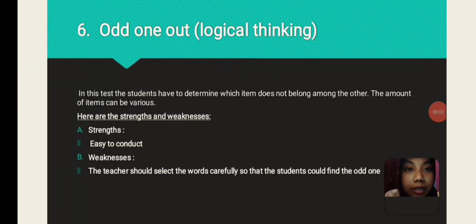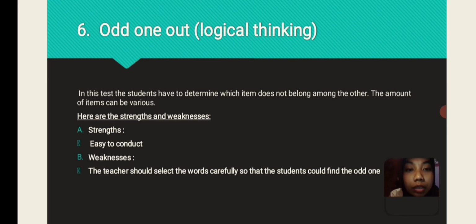Next slide, number 6, odd one out, or logical thinking. In this test, the students have to determine which item does not belong to the others. The amount of items can be various. Here are the strengths and weaknesses of odd one out or logical thinking. A. The strength, easy to conduct.